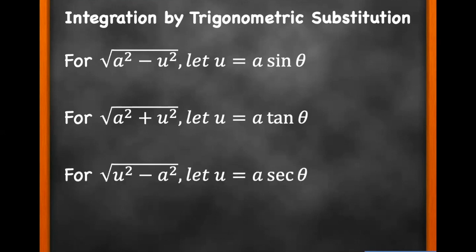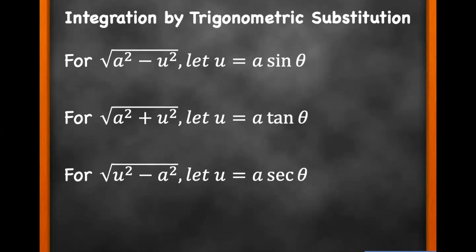And the last one, when the given integrand involves the square root of u squared minus a squared, we replace u with a secant theta, since we know that secant squared minus 1 is equal to tangent squared. Again, these are the forms that we need to look into when using trigonometric substitution.